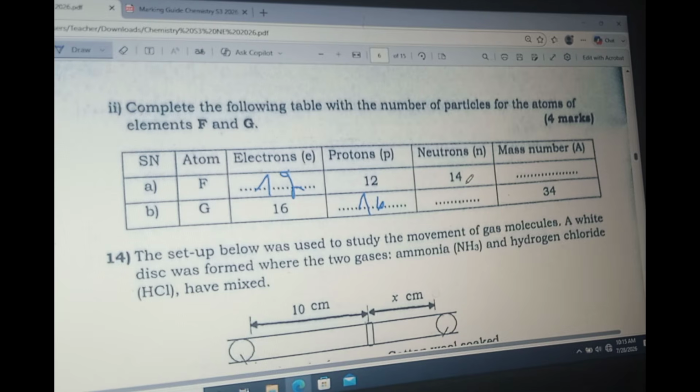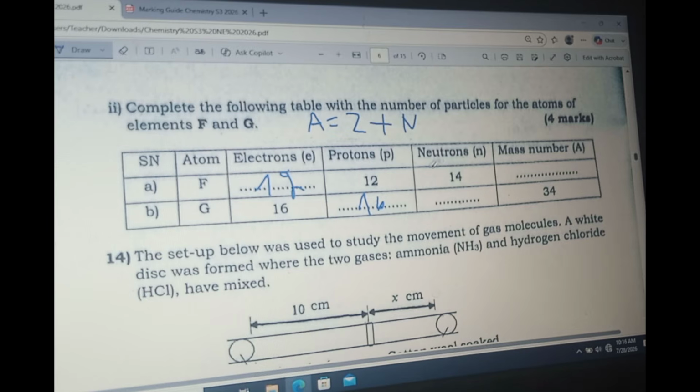Okay. For neutron and mass number, we have a formula: A is equal to Z plus N. A is the mass number or atomic mass. Z is the atomic number, or number of electrons or number of protons. N is the number of neutrons.